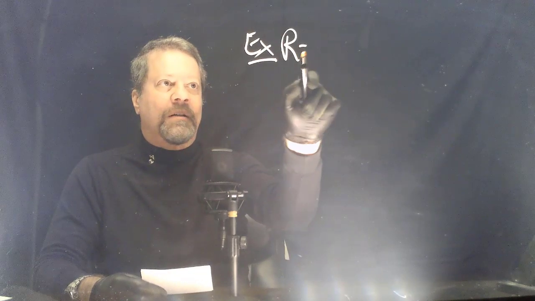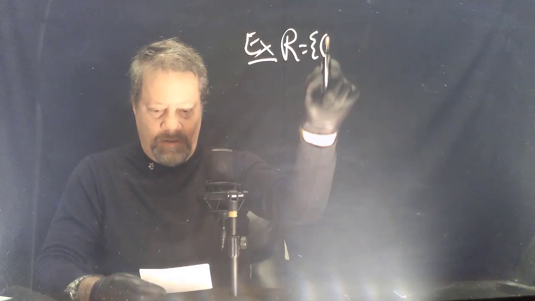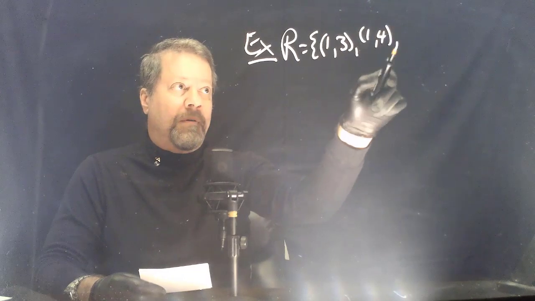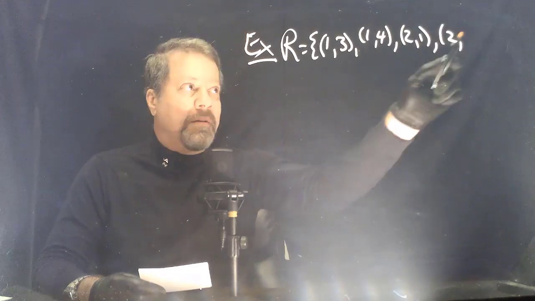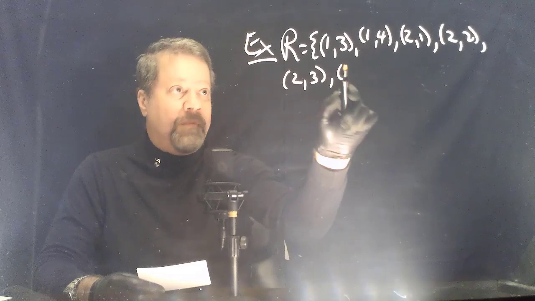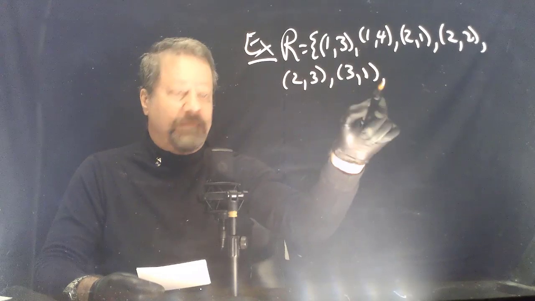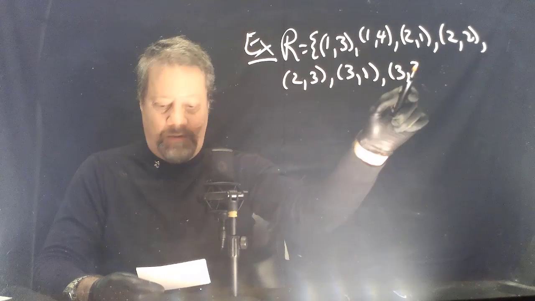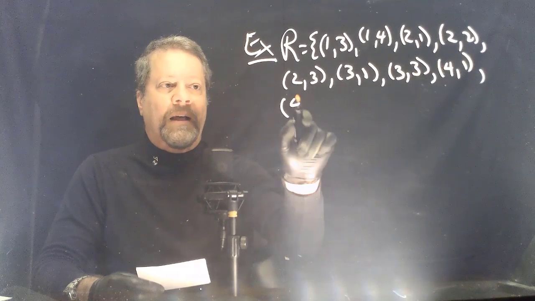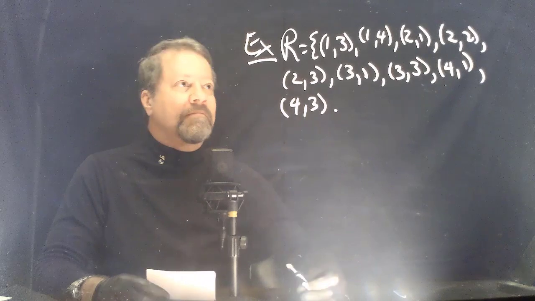As an example, suppose our relation consists of the points 1, 3, 1, 4, 2, 1, 2, 2, 2, 3, 3, 1, 3, 3, 4, 1, and 4, 3.